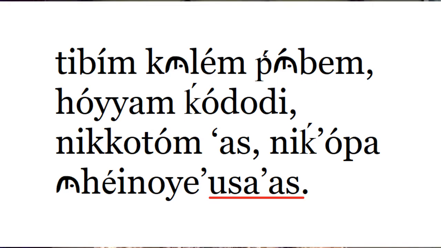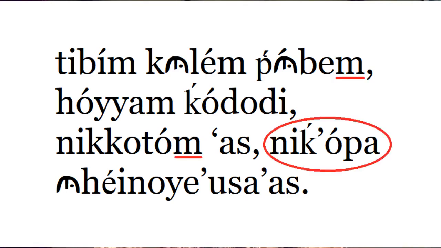You can tell the little girl and the grandmother are both subjects because they both end in M. But Nikopa, my grandfather, does not end in M. That's because he's not the one doing the action. We two used to go along with my grandfather. We used to accompany him. Aheno, go along with someone.